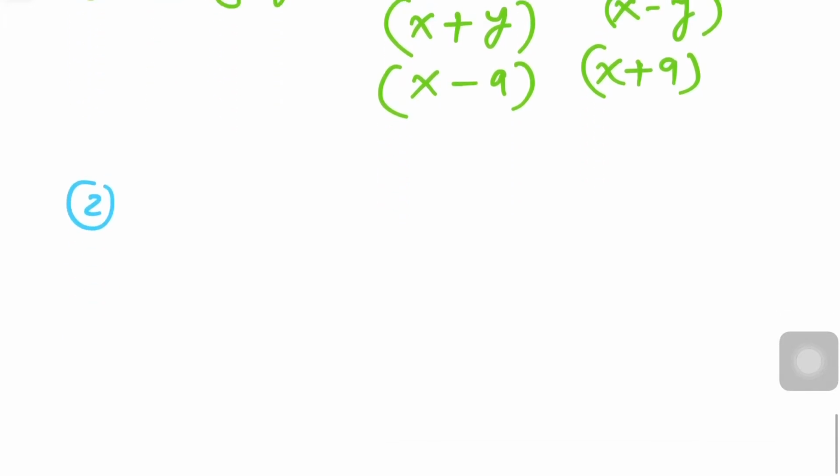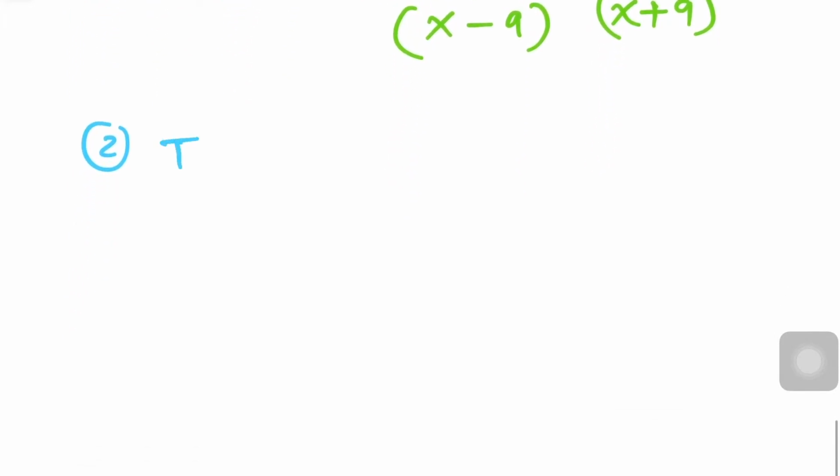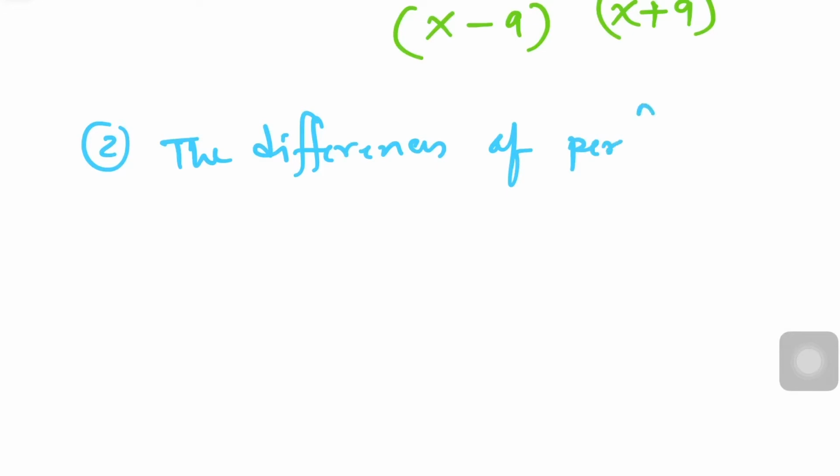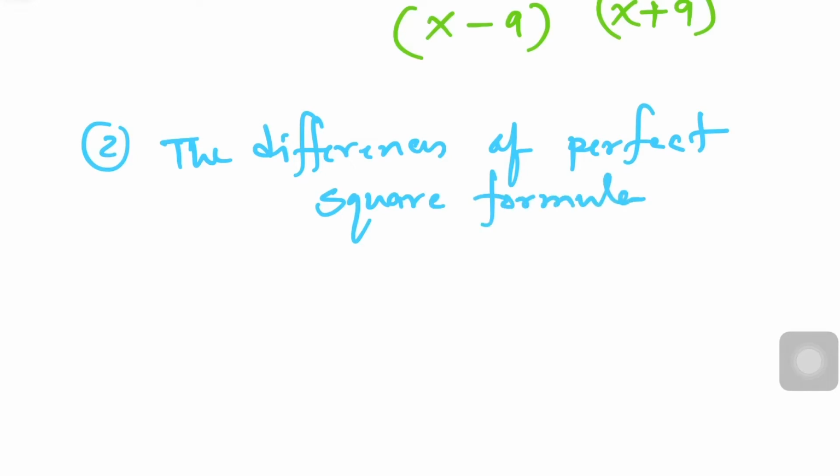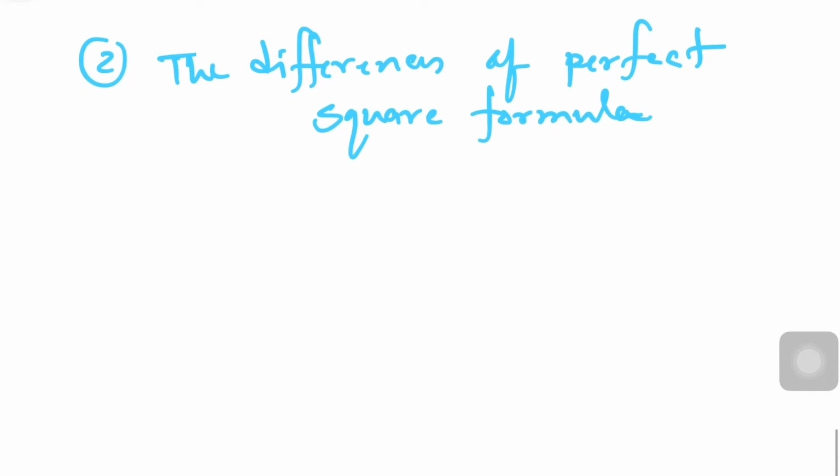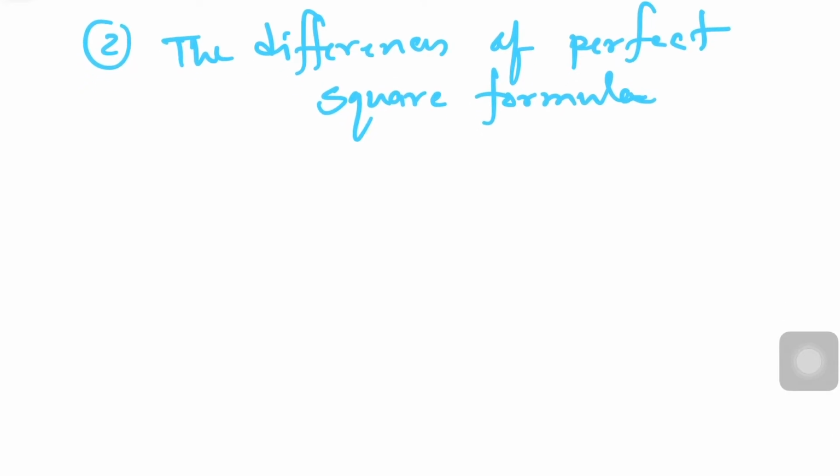The second thing that you need to know is called the differences of perfect square formula. Okay. What do I mean by that?